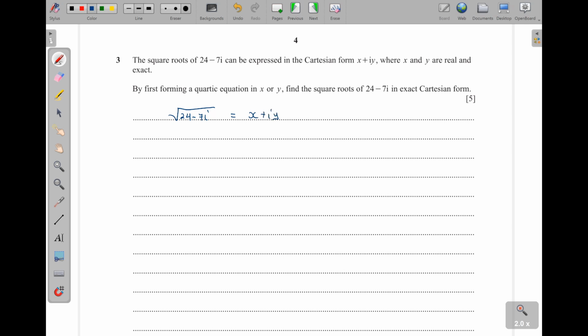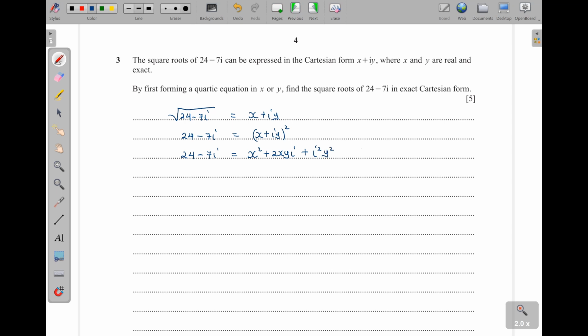Okay, now we can square both sides. When we square both sides, this one will remain as 24 minus 7i. Then here we have x plus iy squared. Okay, so we can expand and then we equate the real and then the imaginary parts. So this will be x squared, then plus 2xyi, because you get 2 times this times that. Then after we square this one here, we shall get i squared y squared.